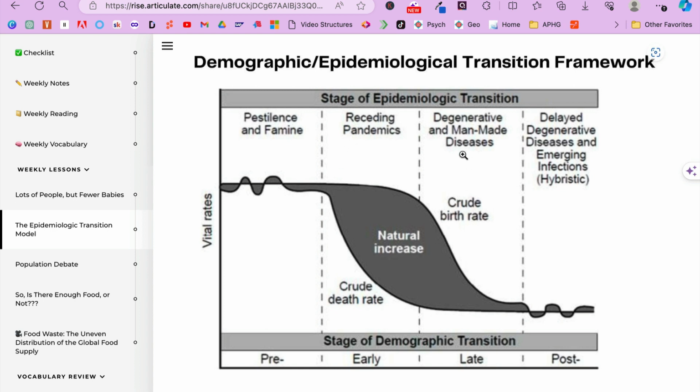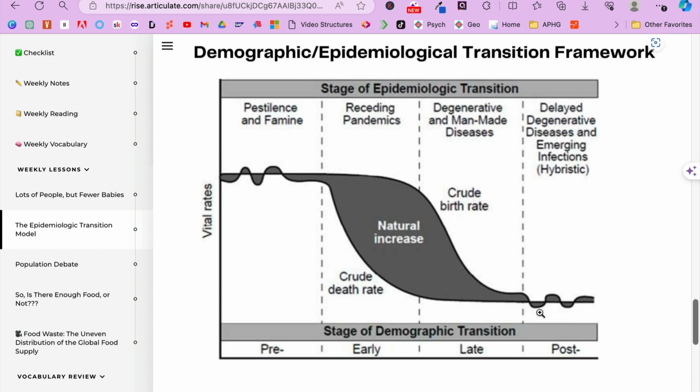We're going to start to have more of the degenerative and man-made diseases here, with cardiovascular issues, obesity, things like that. And then delayed degenerative diseases is the idea of, one of the ideas is antibiotic resistant bacteria, such as super gonorrhea, an STD that can no longer be treated by antibiotics due to overuse. So that's kind of hypothetical.